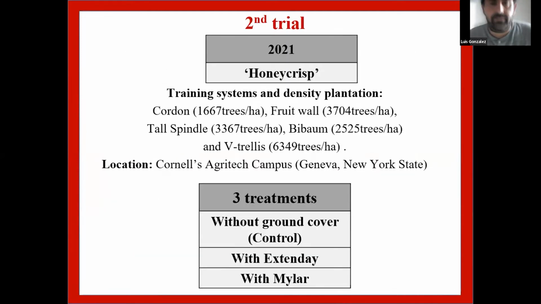The second experiment was in Honeycrisp in 5 training systems. Terence explained these training systems before. The training systems evaluated were cordon, fruit wall, tall spindle, V-trellis, and P-trellis. And in this case, we evaluate 3 treatments: without ground cover, with Extenday, and with Mylar.